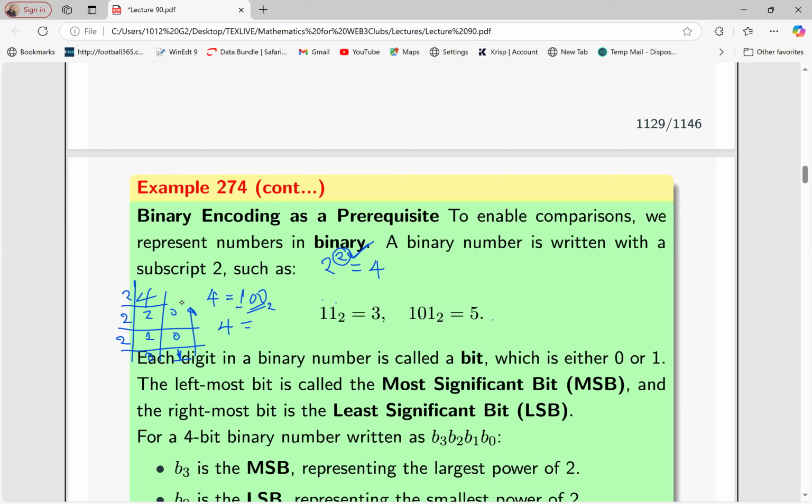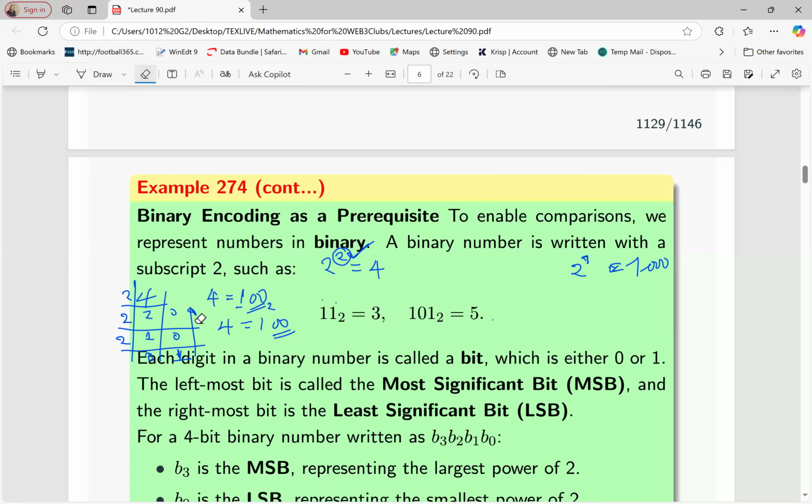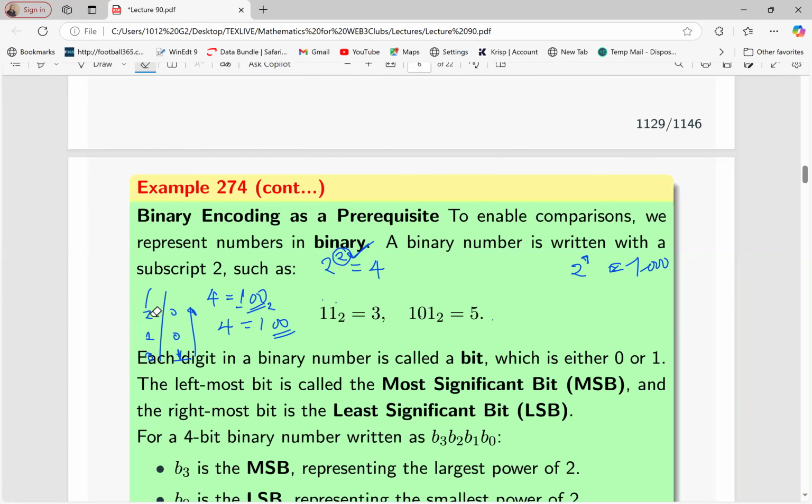So 4 is the same as 1 with 2 zeros. Let me do this. 2 raised to 3, I'm expecting it to give me 1, then 3 zeros. That's what I'm expecting. But let's just do it and see whether that is true, because if it's true, then it's something very important that will assist us later.